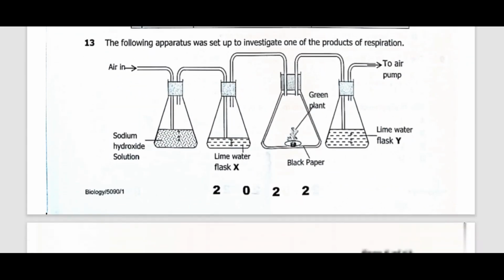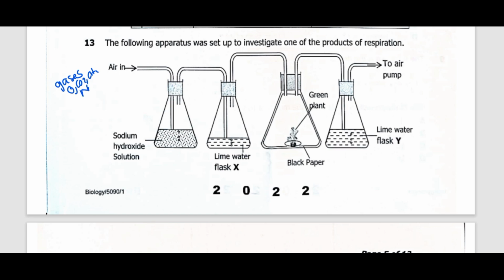Then we move on to question 13. The following apparatus was set up to investigate one of the products of respiration. Okay, so we can see here we have air, and we know that air is a mixture of gases, like oxygen, carbon dioxide, methane, nitrogen, and so on.